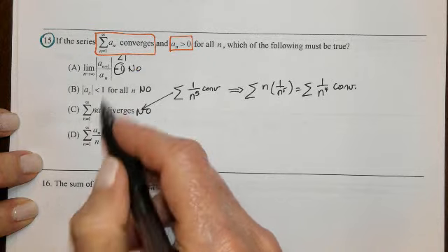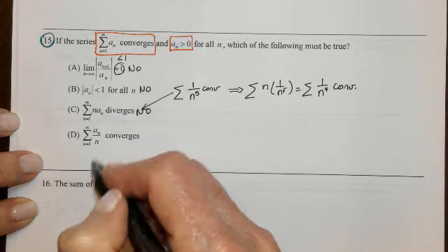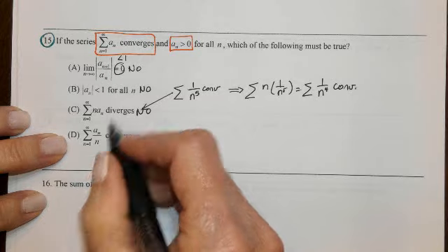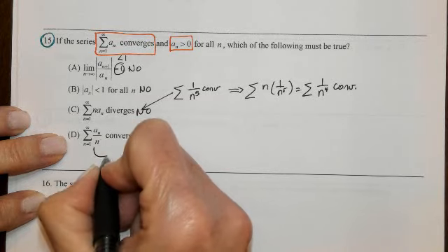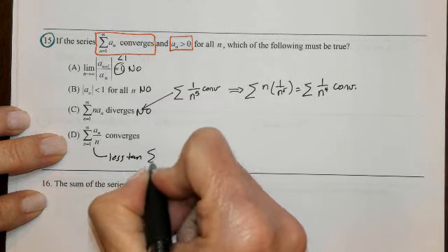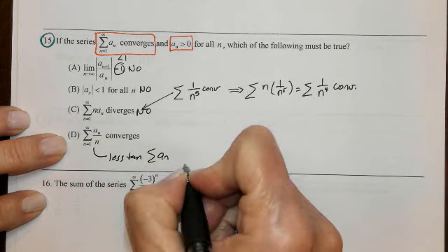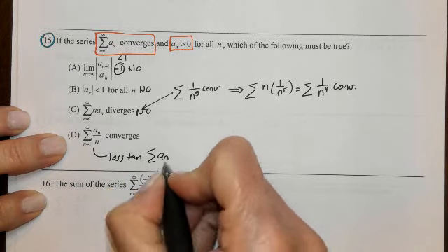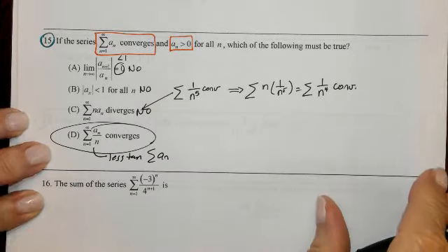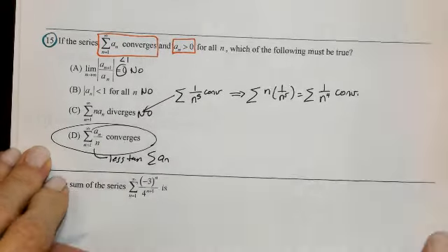And that's getting to the direct comparison test, but it also just makes sense that this is less than a known converging series, and less than a converging series converges. So yes, this would be true. You guys probably got that way faster than that, and I hope you did, and that's all good.